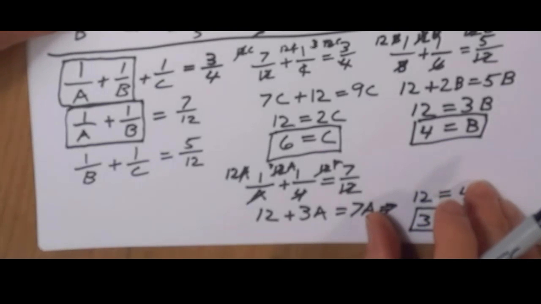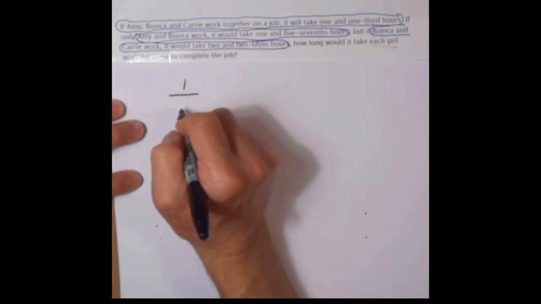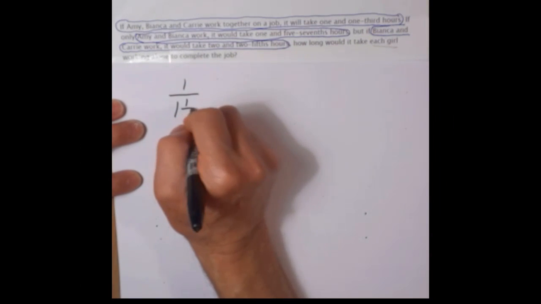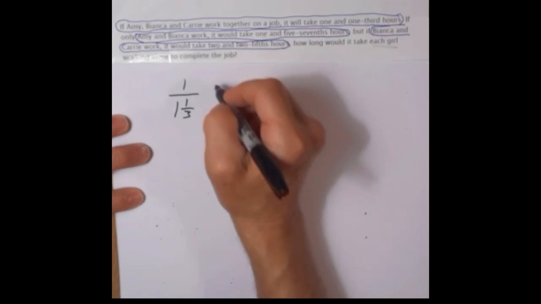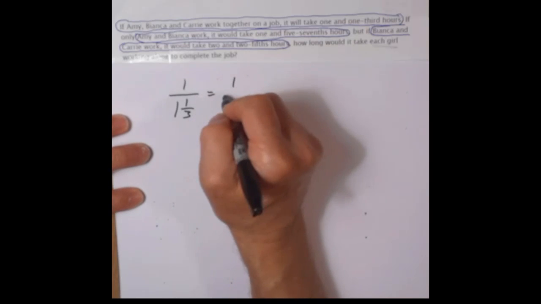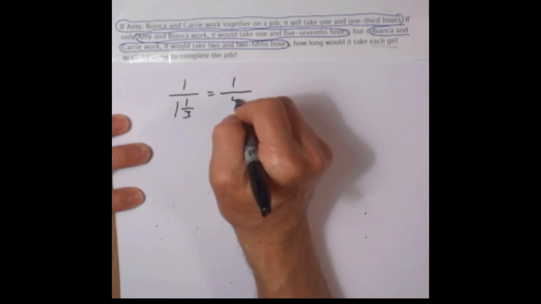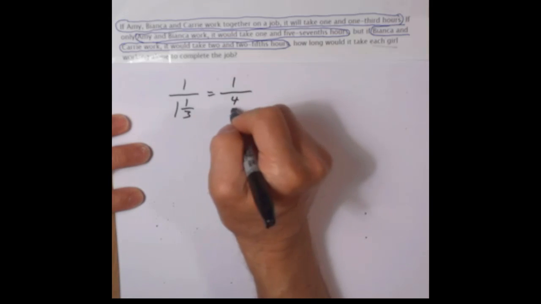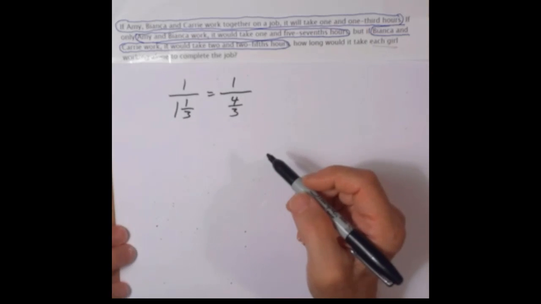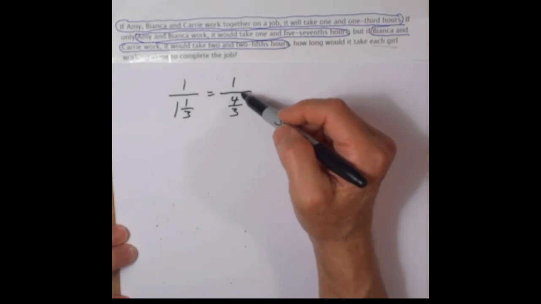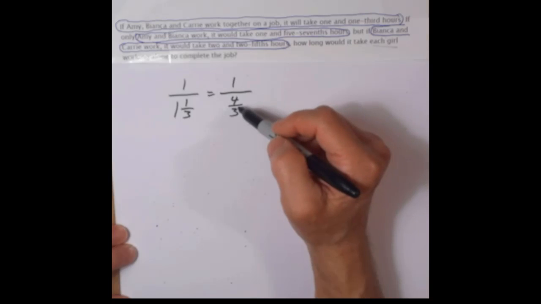Here's one thing I wanted to show you though. Let's take this fraction. We had this fraction 1 over 1 and 1/3. And then we said that was equal to 1 over 4/3. But what I want you to notice here is this line here is bigger than this line here.